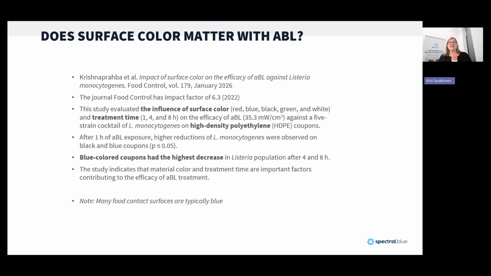And does surface color matter with the antimicrobial blue light? I thought this was really a fun article, since when I first read it, they had studied red, blue, black, green and white surfaces and then different treatment times. First I thought, well, is this really relevant? Does the surface color really matter?